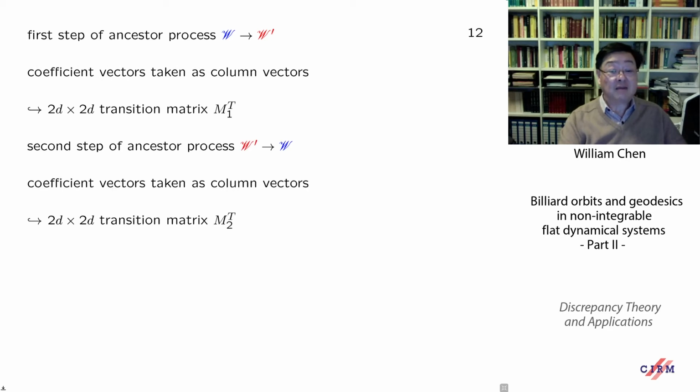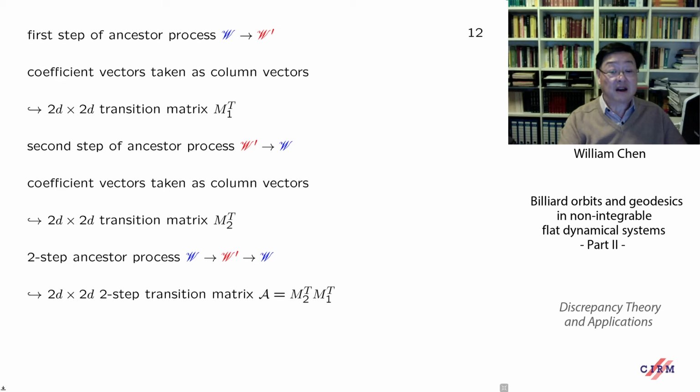The second step of the ancestor process gives us another transition matrix. And the two-step ancestor process gives rise to a transition matrix, which is the product of these two transition matrices M1T and M2T.